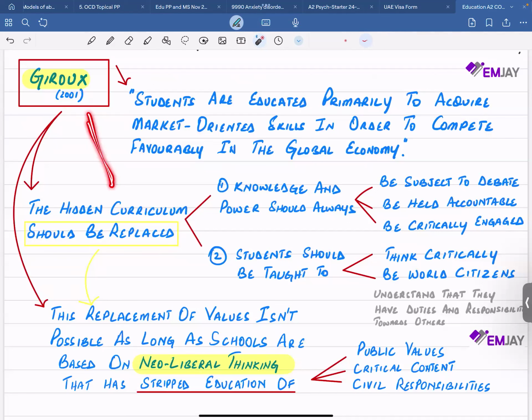Focus on the part of the reference that actually works for you to be able to answer the question. According to Giroux, the education system should be replaced. Knowledge and power should always be subject to debate. It should be held accountable. It should be critically engaged. Students should be taught to think critically. They should be taught how to become world citizens.